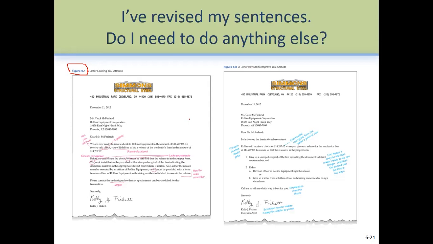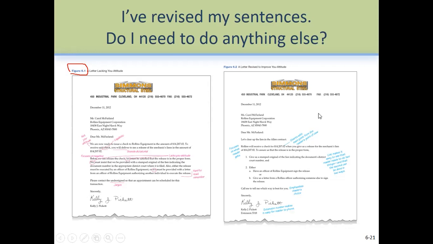Okay, when we move to figure 6.2, we can see that this figure shows a possible revision after I discover the mistakes. The revision is clearer, easier to read, and friendlier for the readers. So here we can compare.